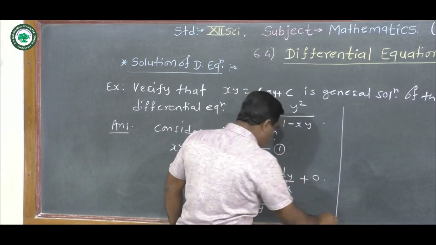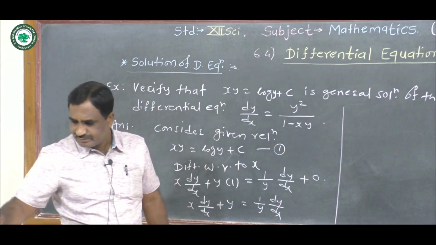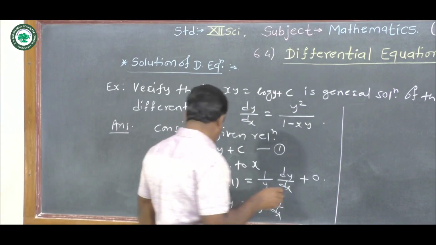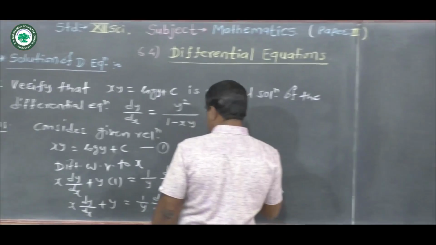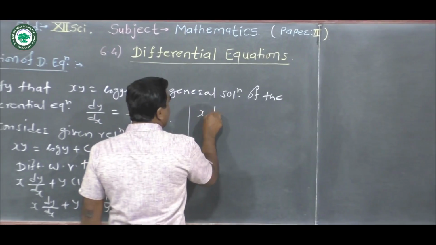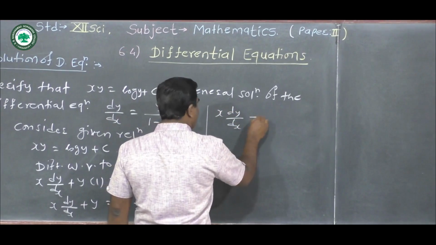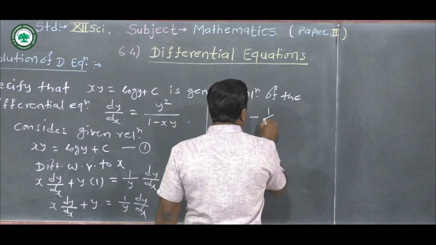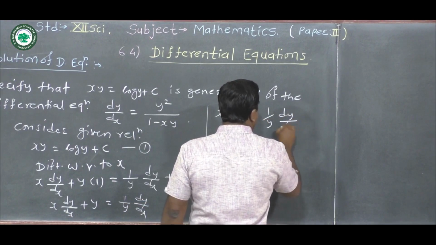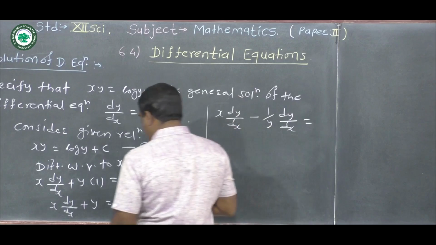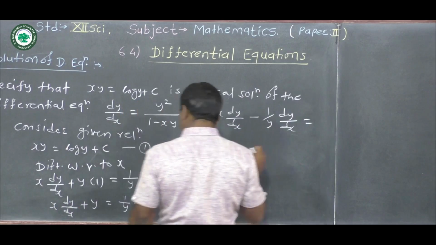Now take the terms of dy by dx to the LHS, that is x into dy by dx minus 1 upon y into dy by dx is equal to minus y.